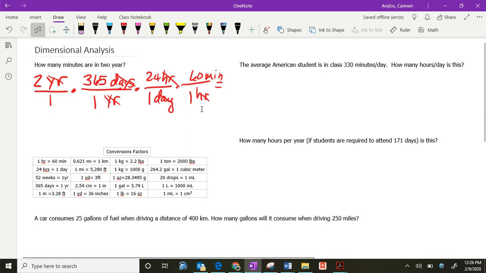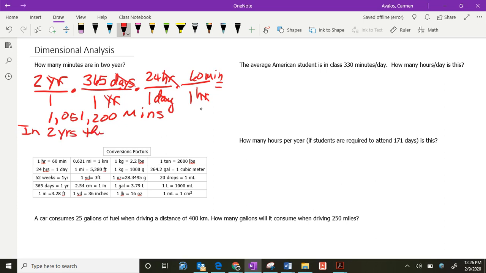So it turns out that when I multiply the numerators, I am going to get 1,051,200 minutes in 2 years. So that is a lot. So you want to write a sentence: in 2 years, there are 1,051,200 minutes.